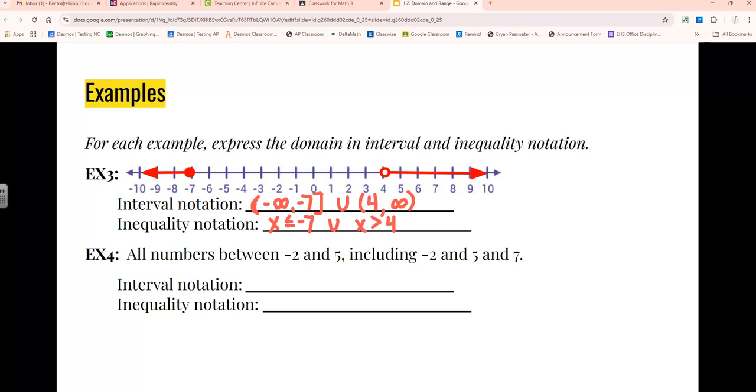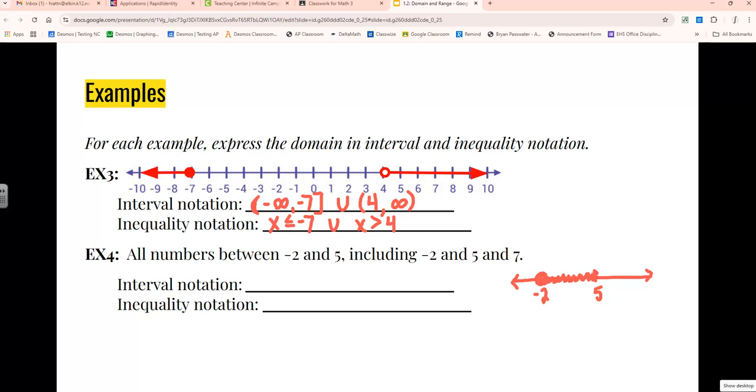It looks like a few of us are getting kind of stumped on 4. So whenever they say this, it's all the numbers between -2 and 5. So let's put -2 and 5 on our number line. So we're looking at all the numbers in between here. It says including -2. So if we include -2, that means we get a colored in circle right there.